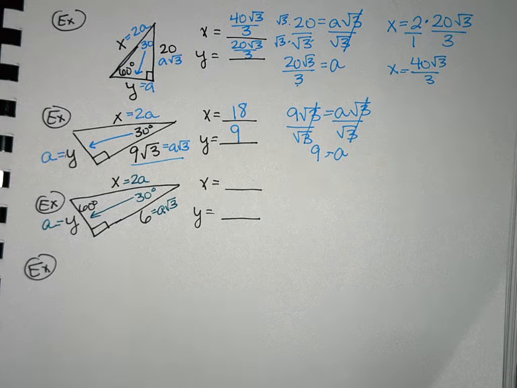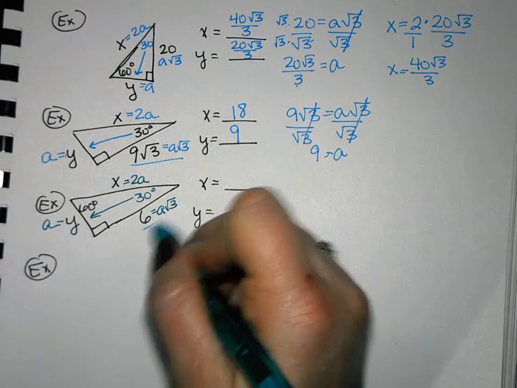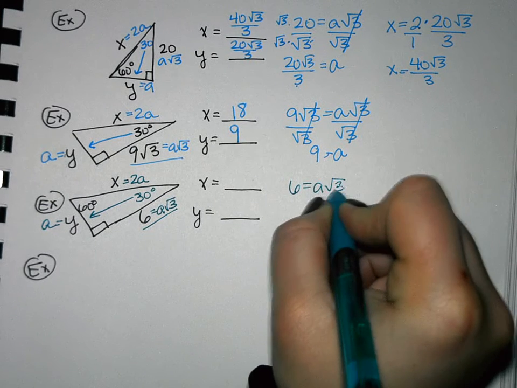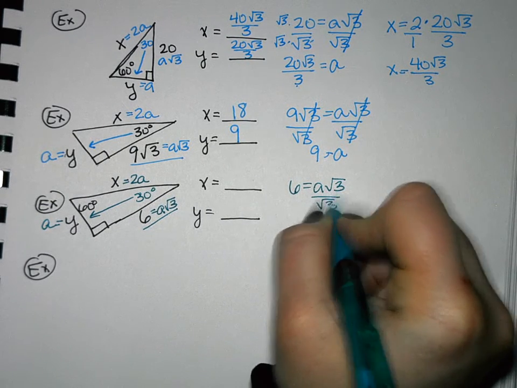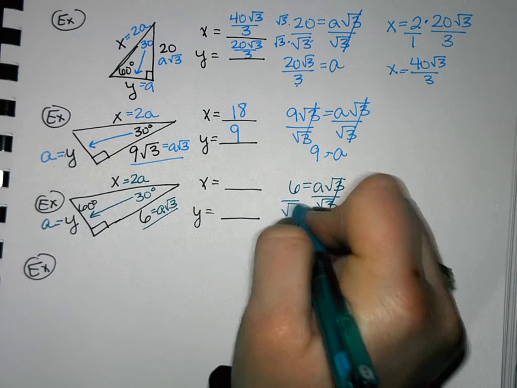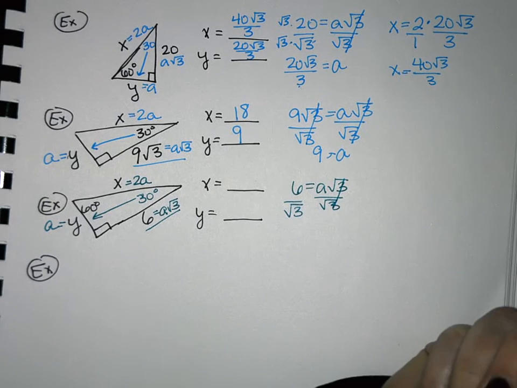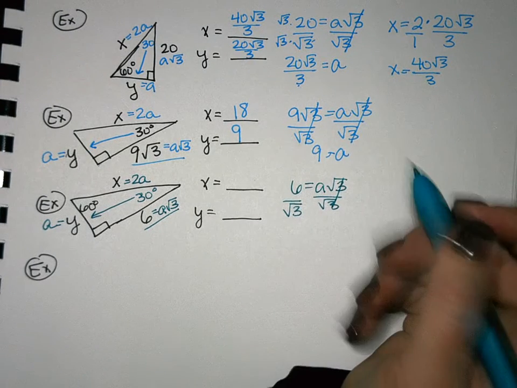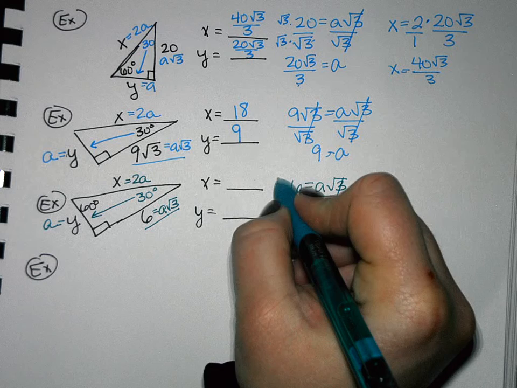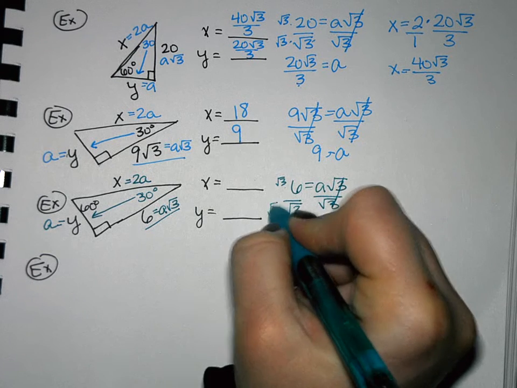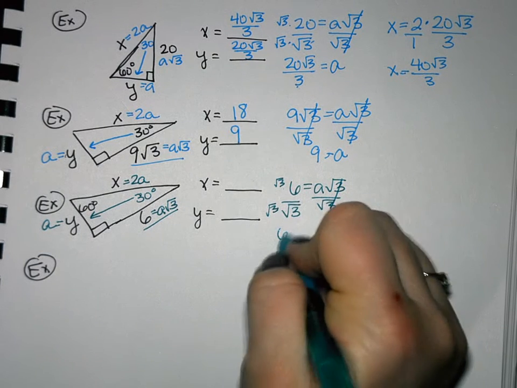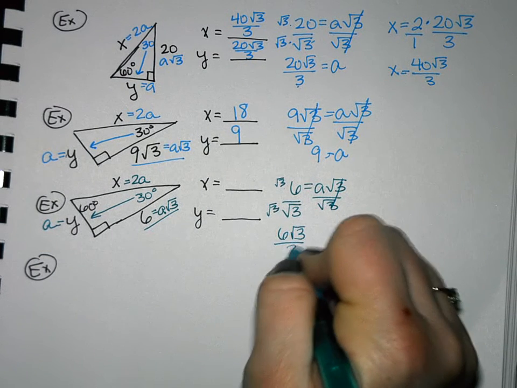So just like the one before, we're going to take the longer leg and solve that equation for a. The main difference on this one is it doesn't cancel out, so we do in fact have to rationalize like example 2. So I'm going to multiply top and bottom by square root 3. So we end up with 6 root 3 over 3 equals a.